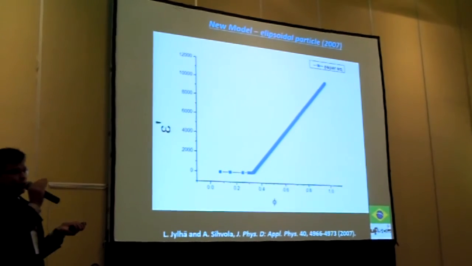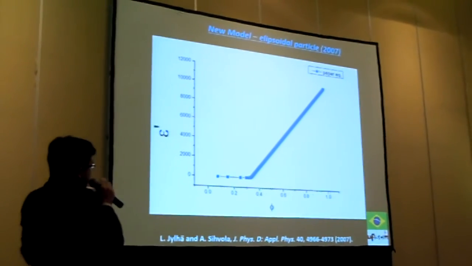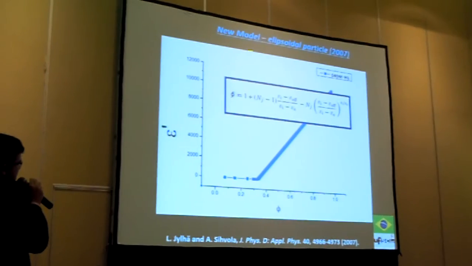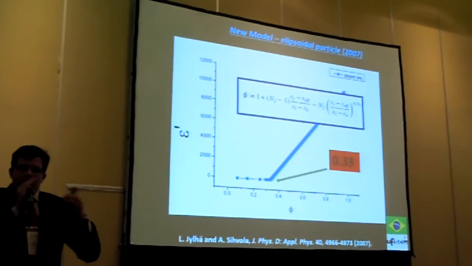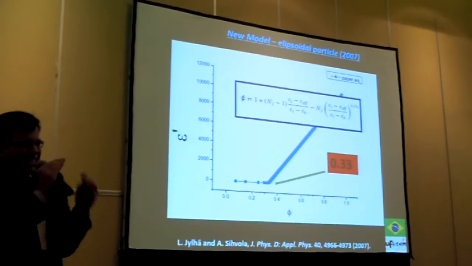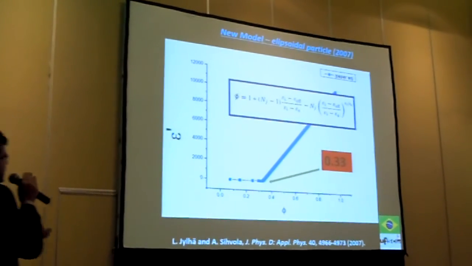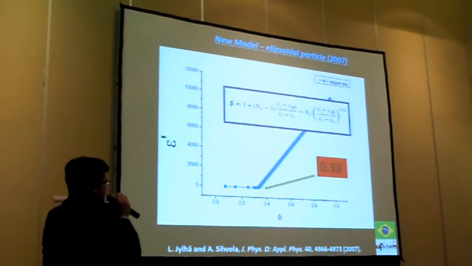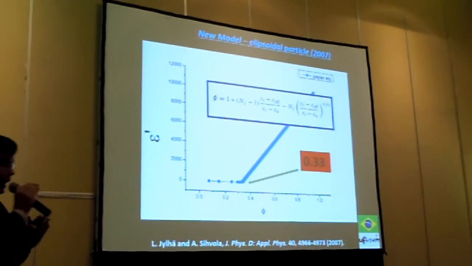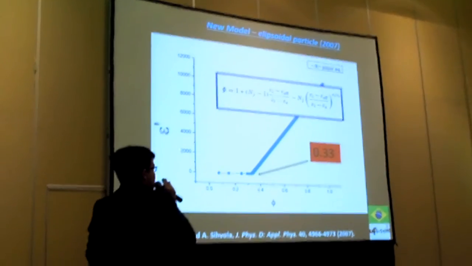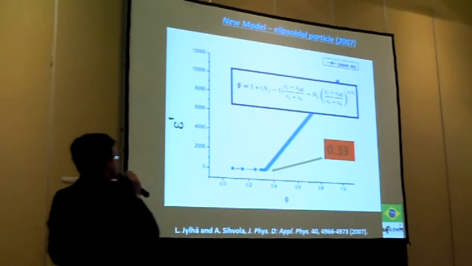It's not so new, but it's from 2007. The equation is this one, but the condition obtained for our material is the same as Bruggeman: 0.33 volumetric fraction to start to observe a change. So it's a reference value that we can use to start.